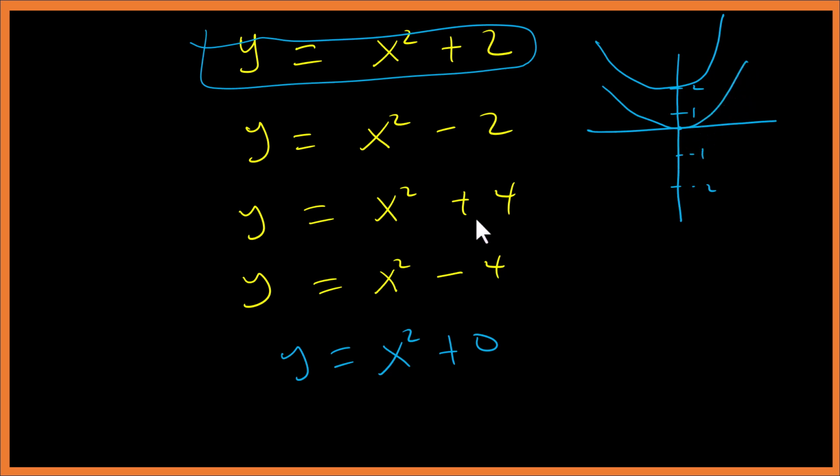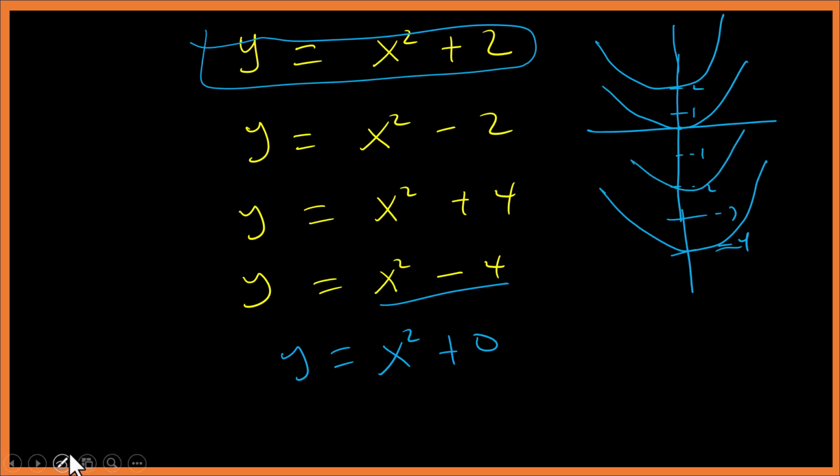So x squared minus 4 will pass through minus 4 here, then minus 2 will head this way.